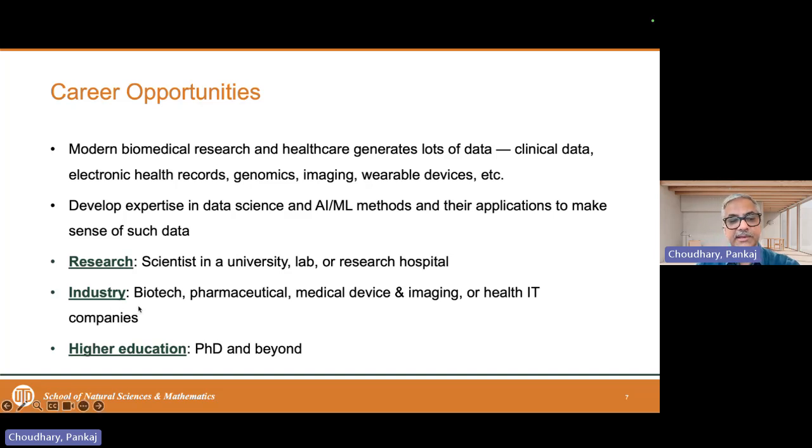So with this expertise that you will gain, you can work in the biotech industry, pharmaceutical industry, medical device and imaging industry, or even health IT companies. Okay. And then you may also choose to pursue higher education, PhD and beyond.